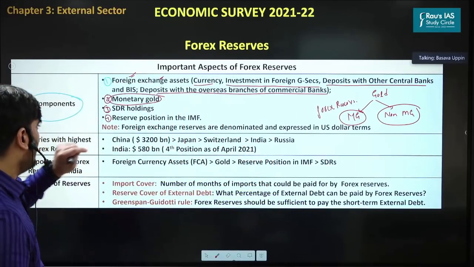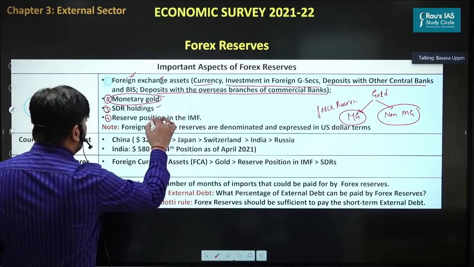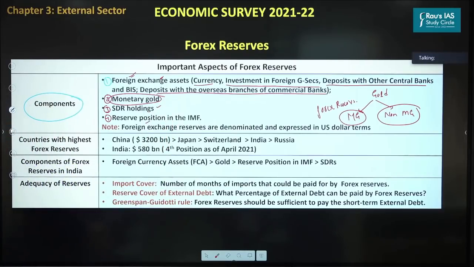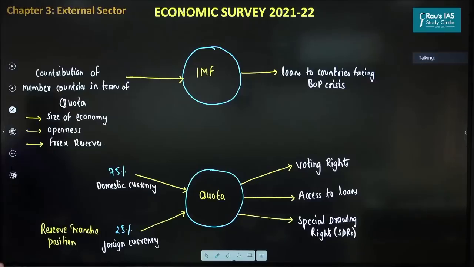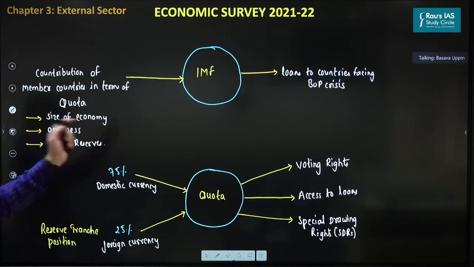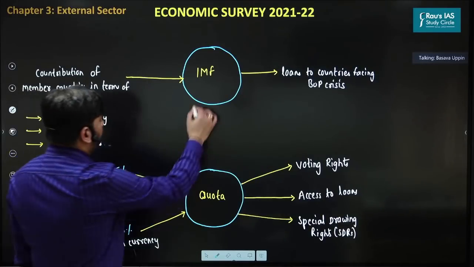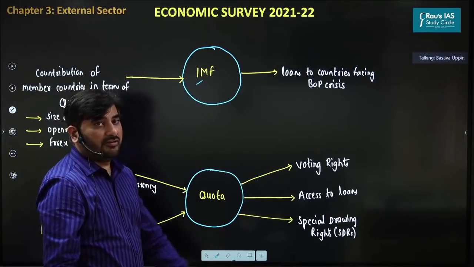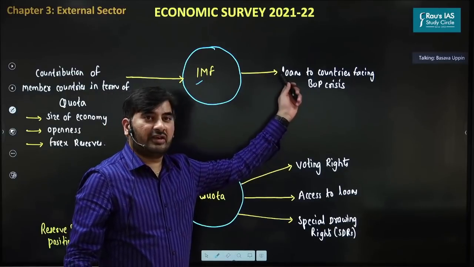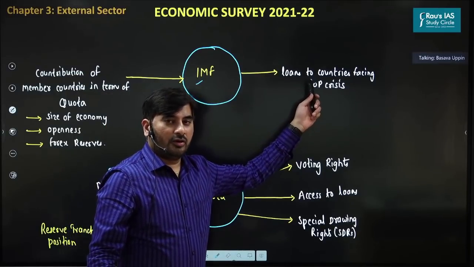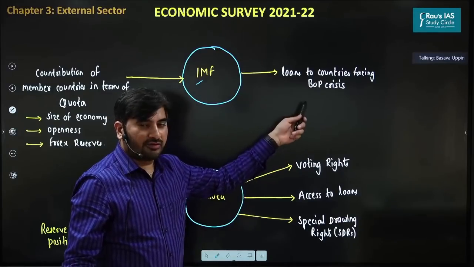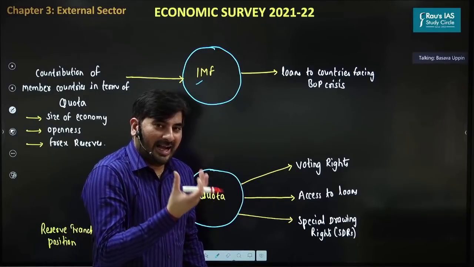Next is SDR and reserve position in IMF. So let's understand briefly what these things are. What is the role of the IMF? The role of the IMF is to give loans to the countries which are facing a BOP crisis. Now the question is, if IMF is giving loans, from where is IMF getting the money?